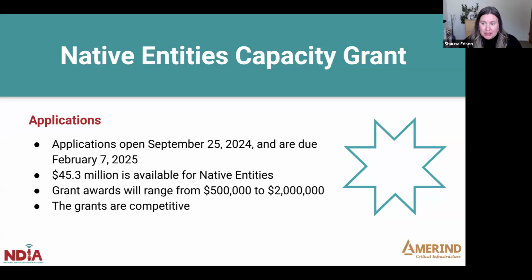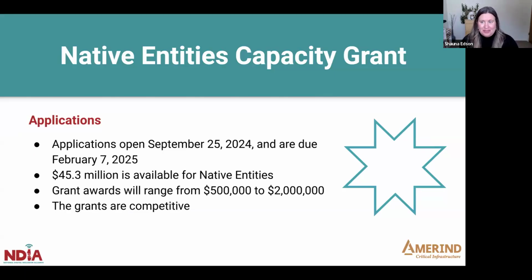The Native Entities Capacity Grant Program, like I mentioned, is part of the State Capacity Grant Award, but it is a little different, specific to Native entities. There's $45.3 million available to Native entities, with grants ranging between $500,000 to $2 million. And these grants are competitive, which means that not everyone who applies will get funding.